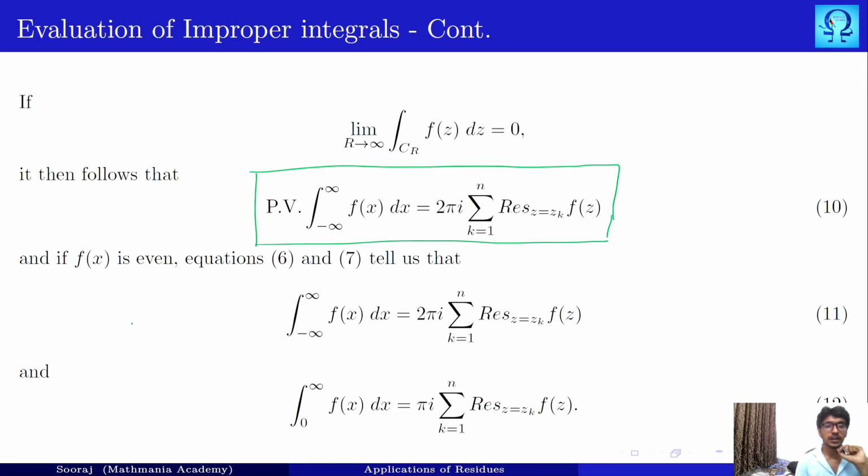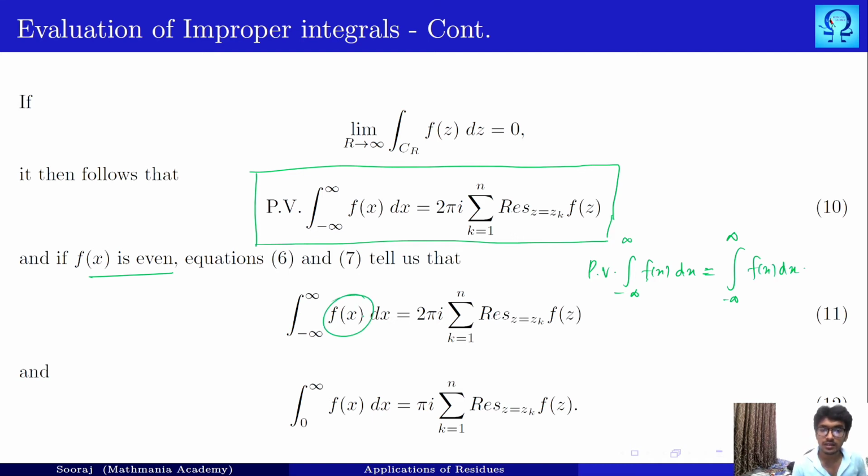In particular, if we consider the function to be even, then the principal value of the integral is the same as that of the integral, provided the limit exists. If at least one of them exists, they are going to be the same.